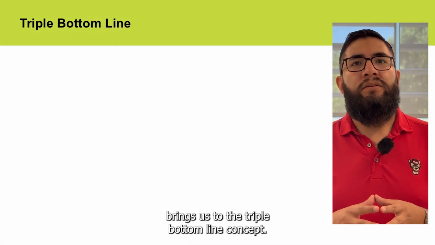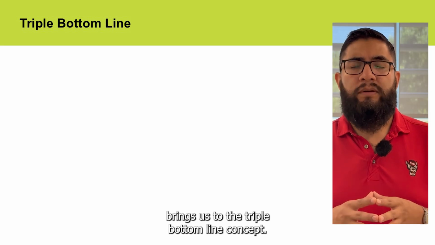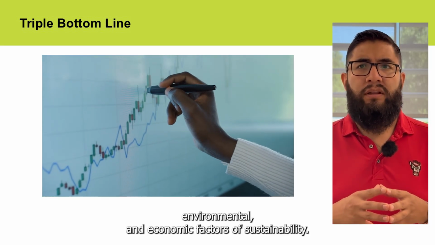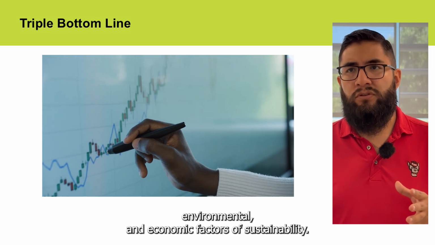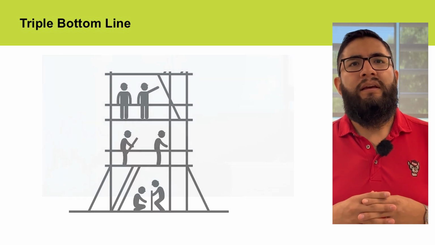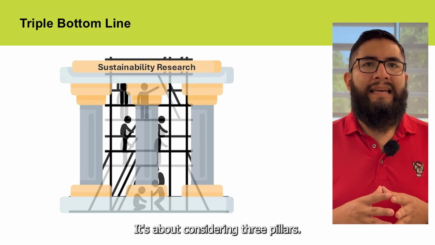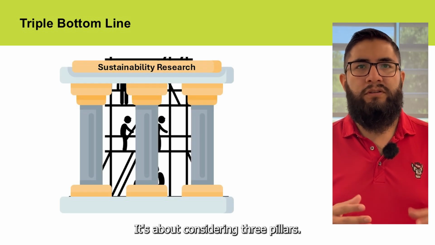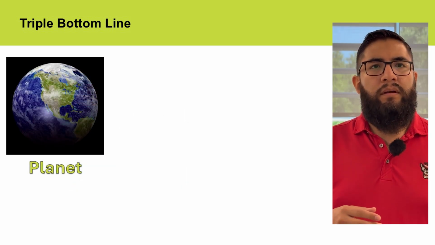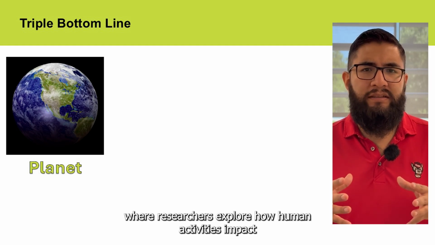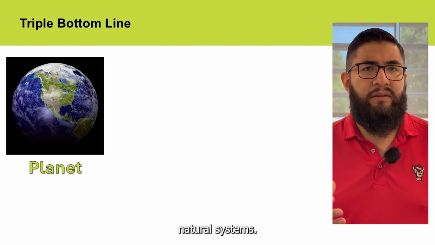And that brings us to the triple bottom line concept. Originally a business concept to include social, environmental, and economic factors of sustainability, it's now expanded into broader research frameworks. It's about considering three pillars. Planet, where researchers explore how human activities impact natural systems.